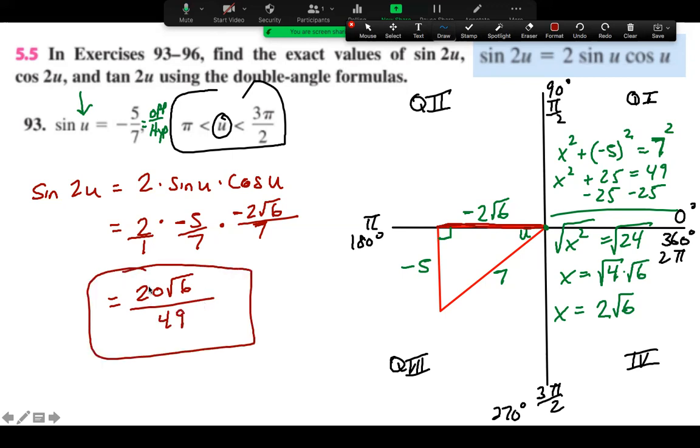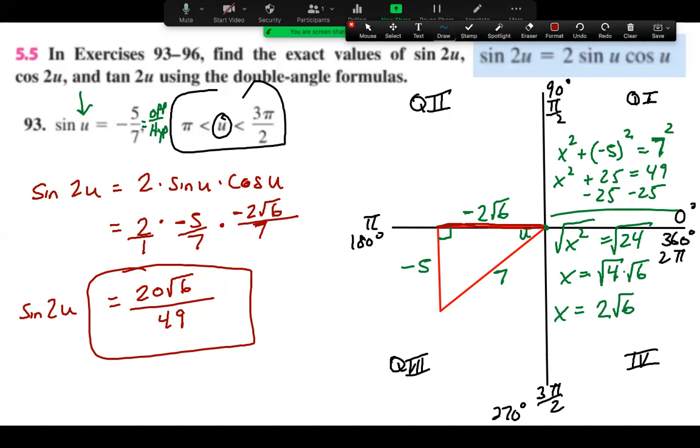Because 20 and 49 are relatively prime, they don't share any factors to simplify. So my simplest and best answer for the sine of 2u is 20√6 over 49. So that is the sine of double the angle, or twice the angle.